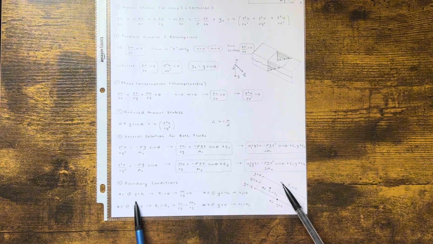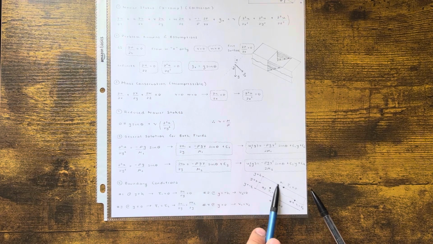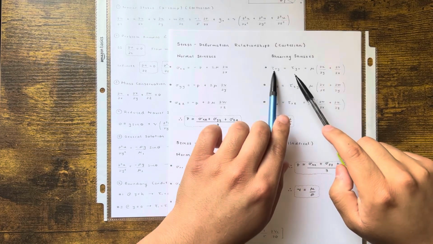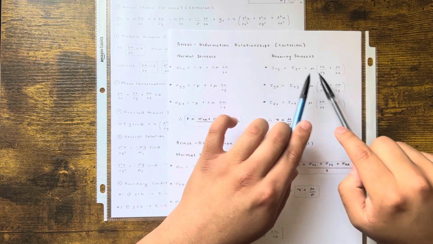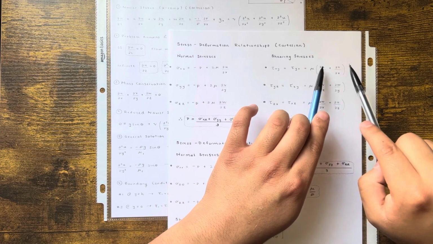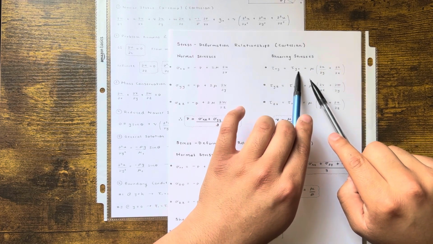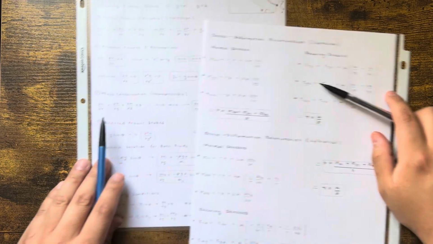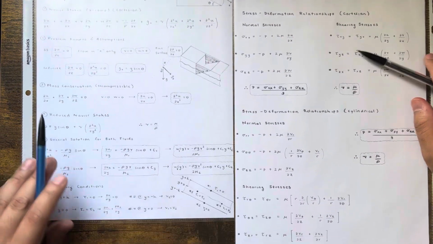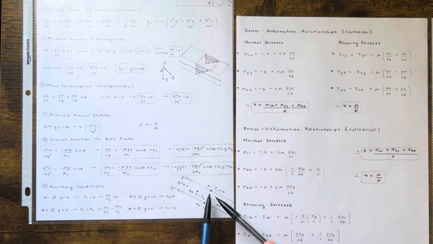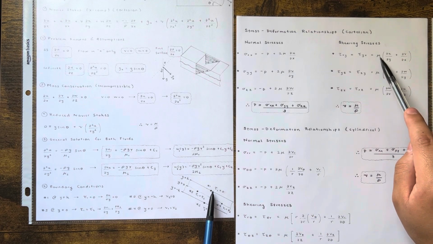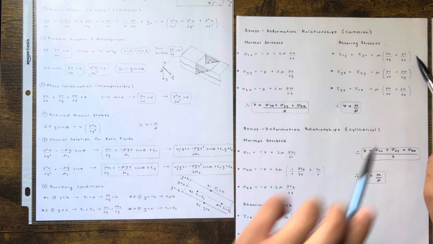Number 1, which is this one right here, at y is equal to h. At that top y, tau 1 is 0. So what that means, from the equations from your book, is that tau 1, xy, since we're dealing with the x and y coordinate system, is mu times this, equal to 0. Because we're dealing with fluid number 1 up top, we're going to use mu1, and we already determined that v was 0.